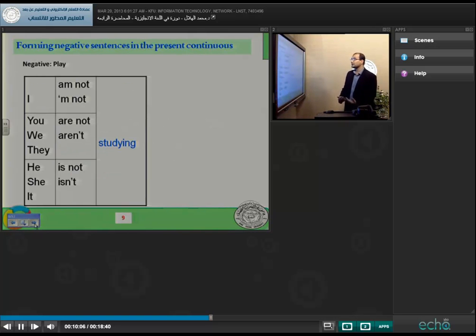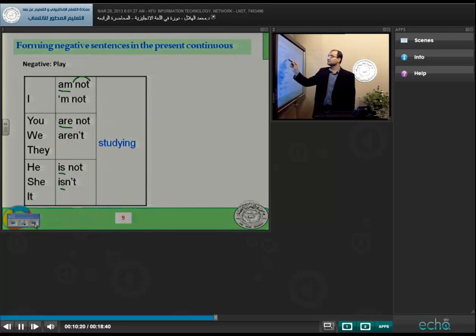Now, how do we form negative sentences in the present continuous tense? This is very easy because we only add one form of the verb to be followed by the negative particle not. Similarly, we have all the pronouns.